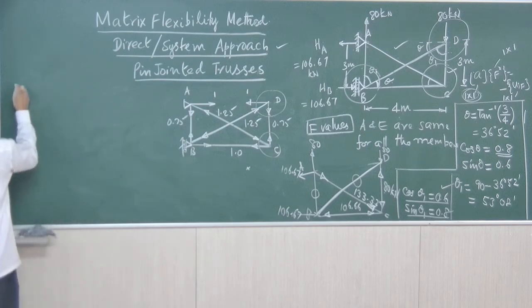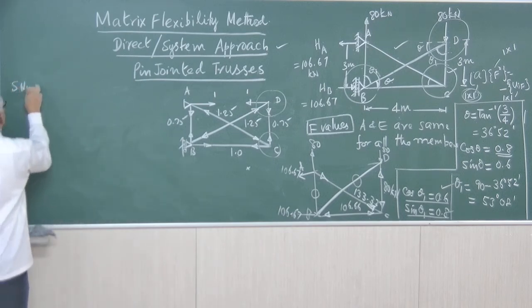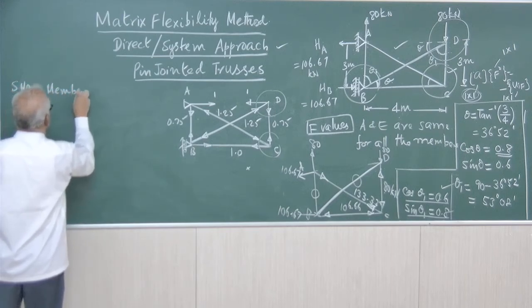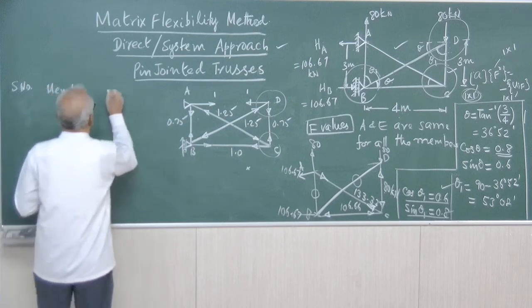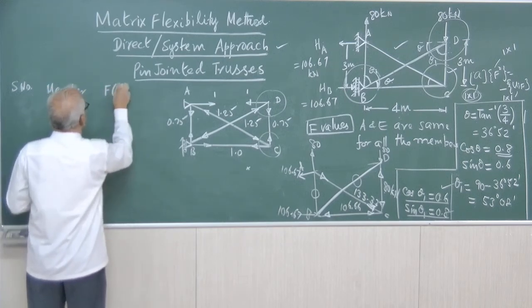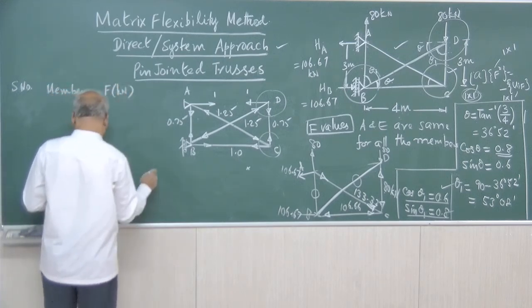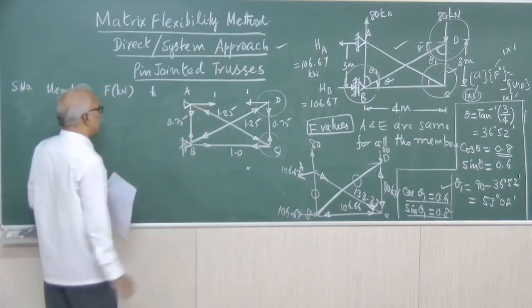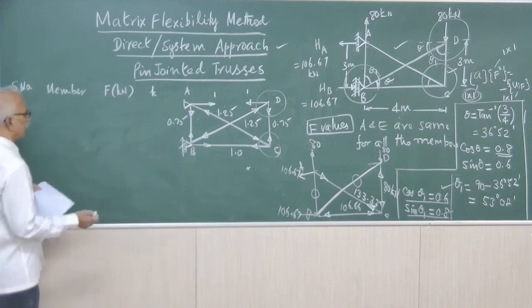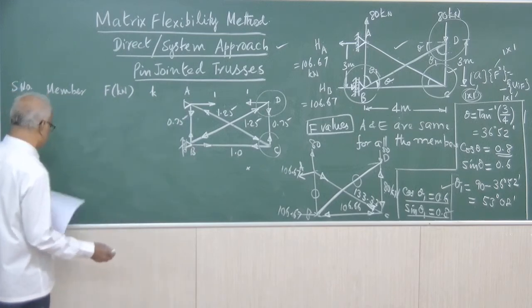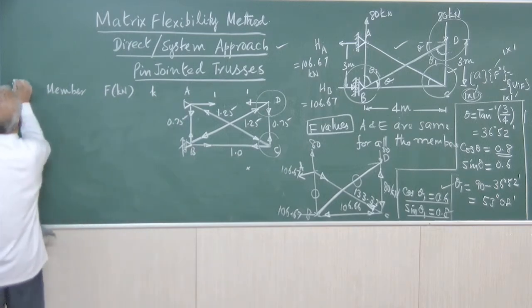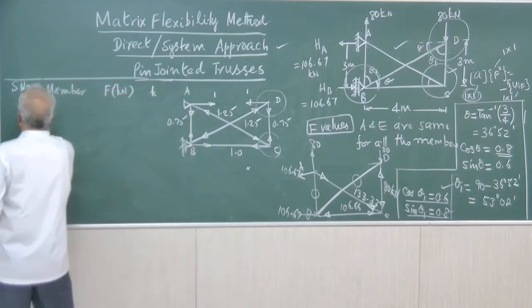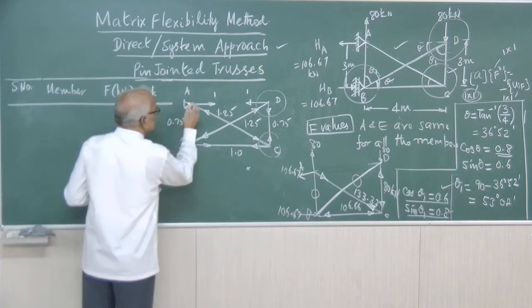Serial number, member, F in kilonewton, then K. Other values we will write later because I want these values first. There are 6 members.